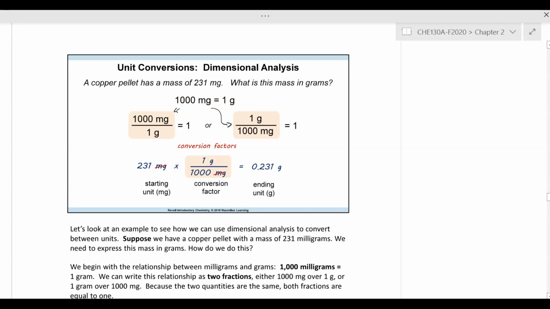And then we decide which version we want to use based on what units we have and what units we want to get to. So here we have milligrams. So we put milligrams on the bottom here because milligrams divided by milligrams, anything divided by itself, is 1. So that cancels out. And that leaves us with units of grams, which is what we want our answer to be in.